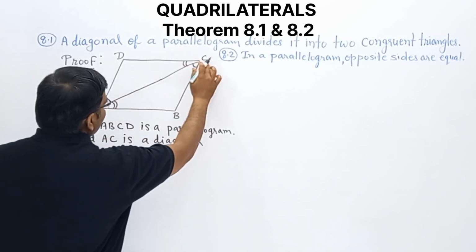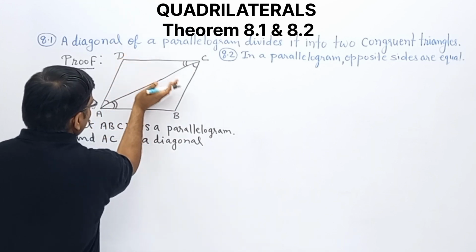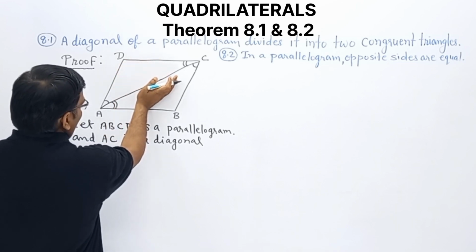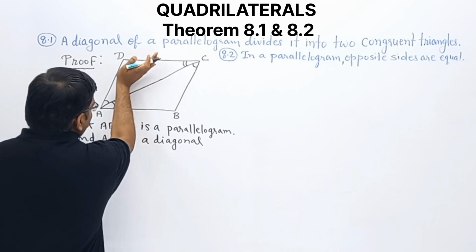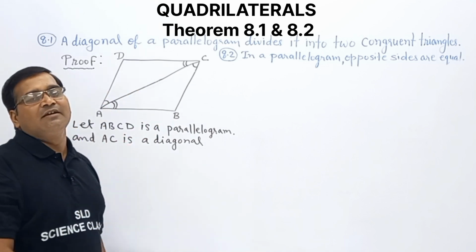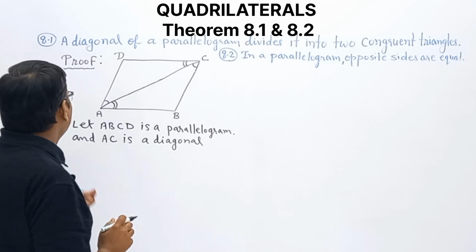Now this diagonal is dividing this parallelogram into triangles, this one and this one. So we want to prove whether these two triangles are congruent or not. We studied congruence rules. By using these rules we will prove.